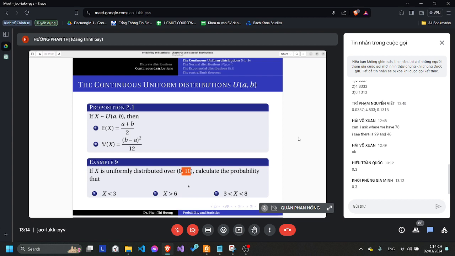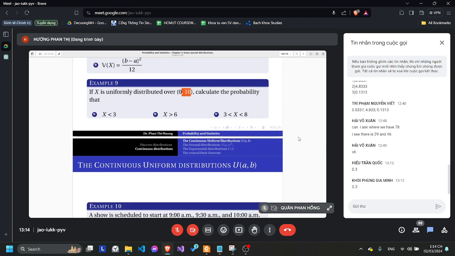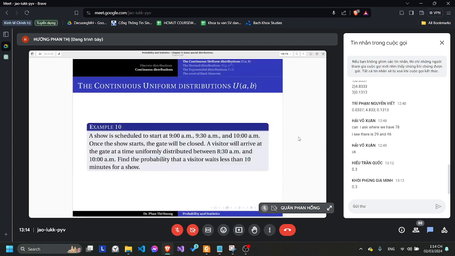Any questions? If no questions, next, practice on example 10. A few minutes for you. Focus on example 10 and then show me your answer in the chat box.